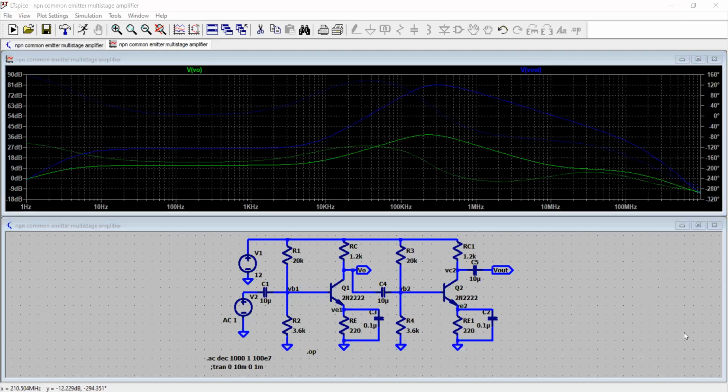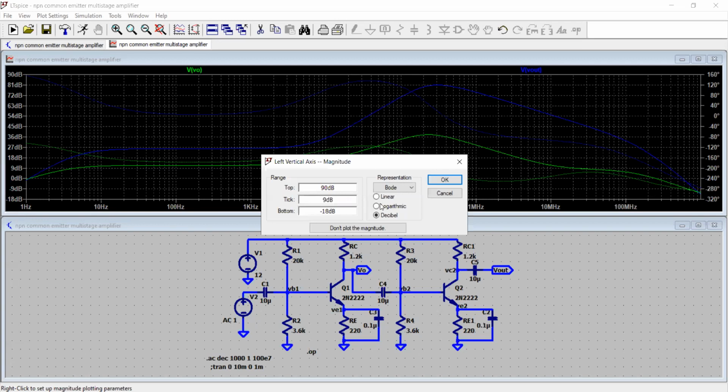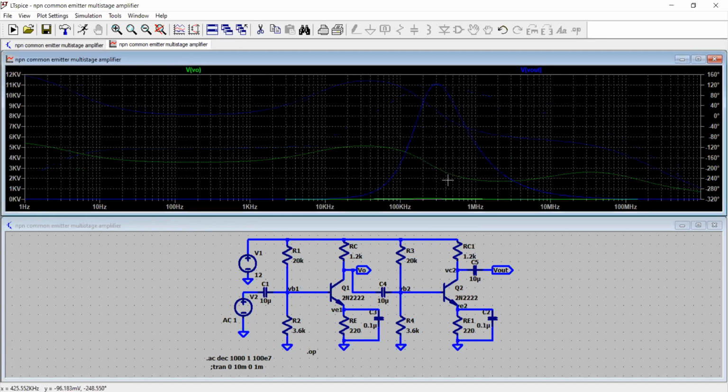So let me do that. So in conclusion, you can see that it is about 25 dB, and that is 20 log of 25, right? That value is there. You can right click here and choose linear instead of decibel and click OK. And now look at this.